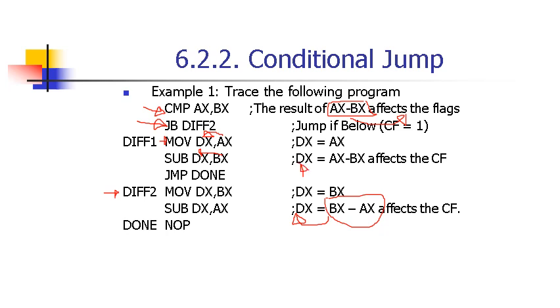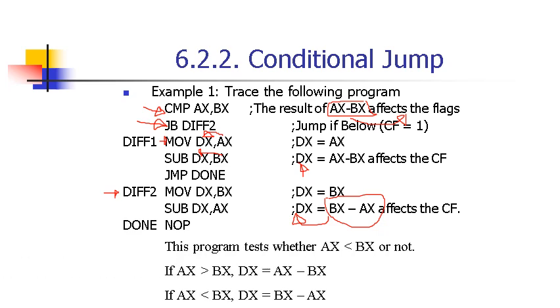All right, so all this means you check AX versus BX. If AX is larger, calculate the difference AX minus BX and save the result in DX. If BX was the larger, calculate BX minus AX and save the result into DX. So we're saving the absolute difference between AX and BX in the DX register.